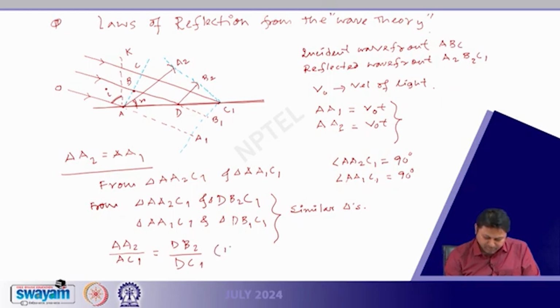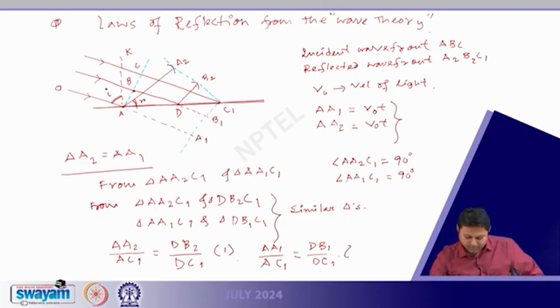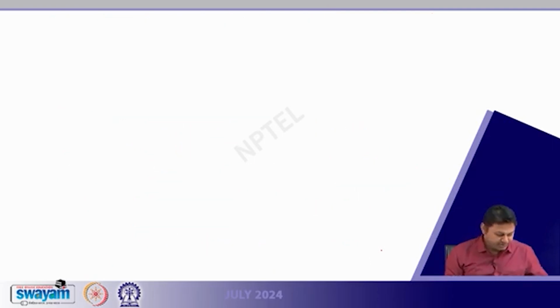This is one equation, and another equation also I write, A1 divided by A C1, that is equal to D B1 divided by D C1. This is equation 2.